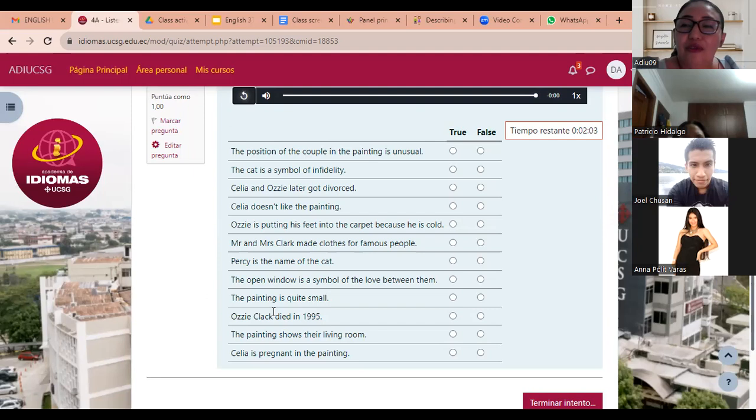Wow. So that's the story behind the picture. So who are these people? And these are the questions, right? About the position of the couple in the painting is unusual, true or false. The cat is a symbol of infidelity. According to the painter, according to the artist, everything had a meaning, right?